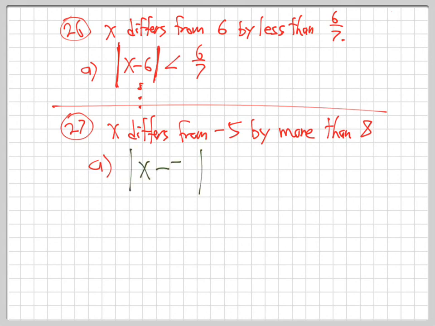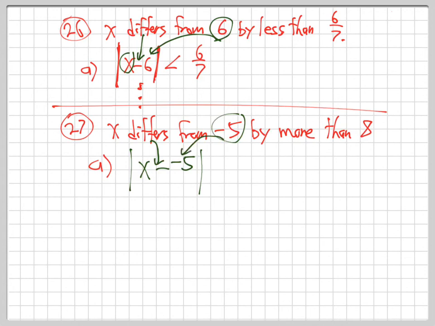You've got to put in there minus a -5, don't we? Just like this one was x. The word differs is your subtraction, right? If something is the difference between two things, it means a subtraction between them, doesn't it? So the word differs carries a subtraction symbol, and then you put the other number. In this case, differs is the subtraction, and the other number is -5.